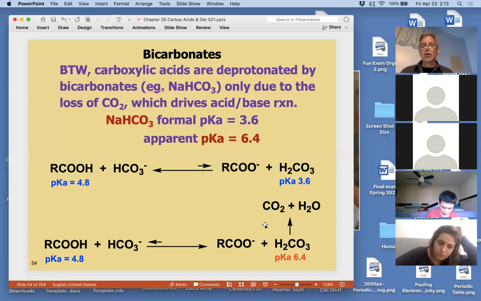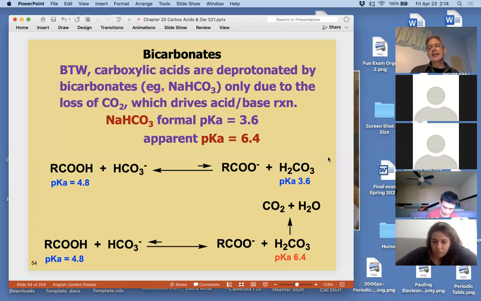Okay, so according to Le Chatelier, the bicarbonate will react more than we expect it to do the deprotonation, okay? So bicarbonate should not deprotonate carboxylic acids. The pKa is all wrong. It's a factor of 10 off. But it works very well because the loss of carbon dioxide drives the deprotonation, okay?